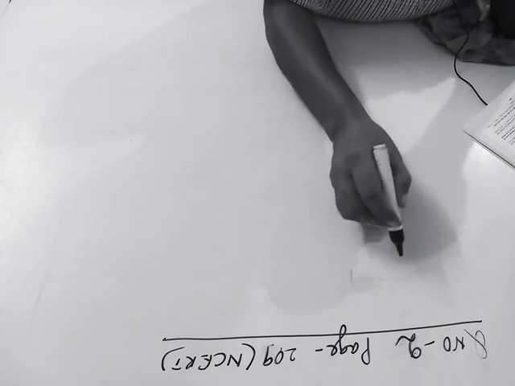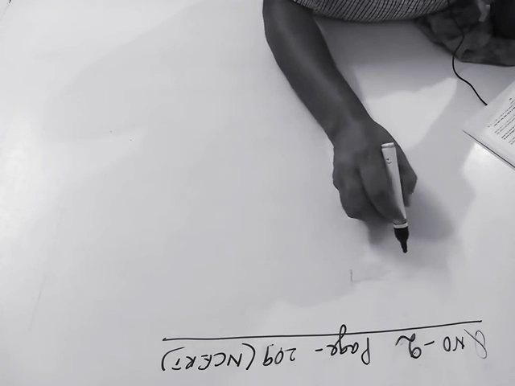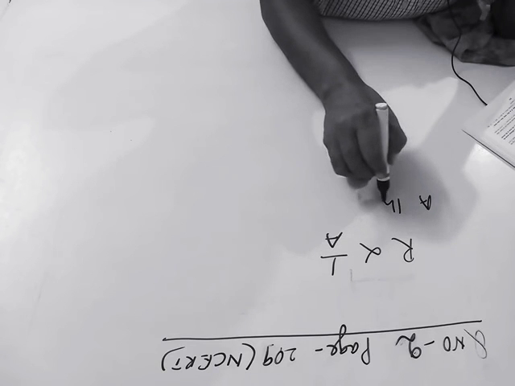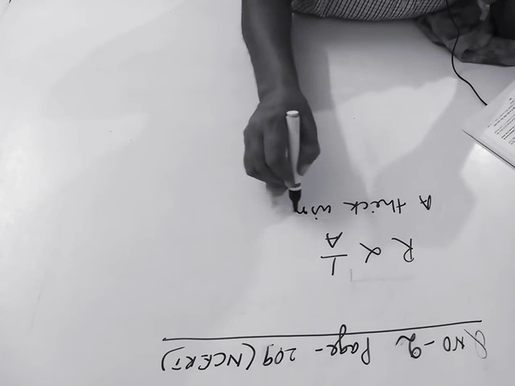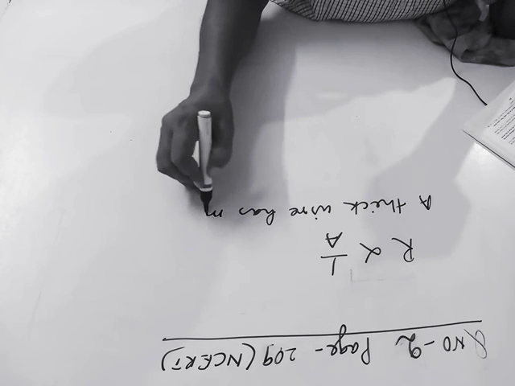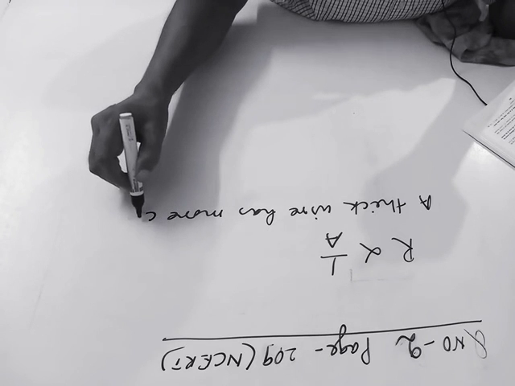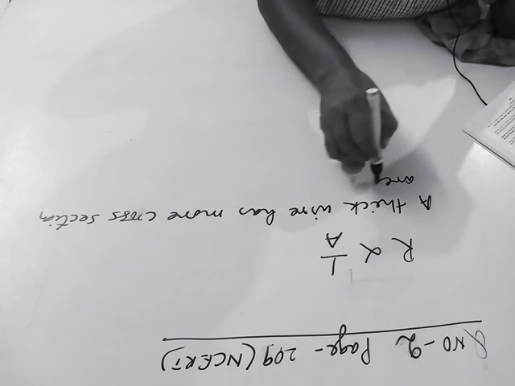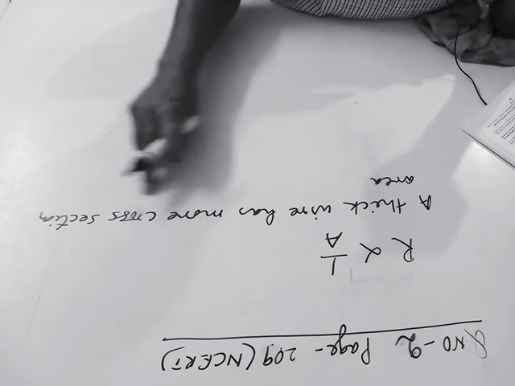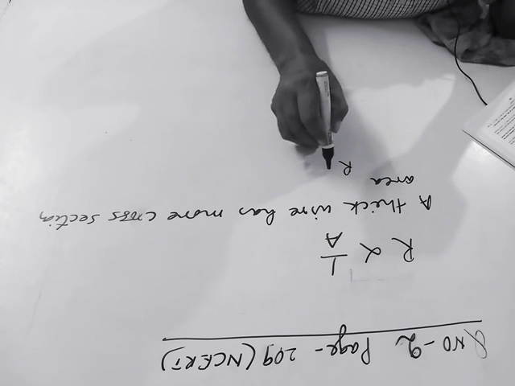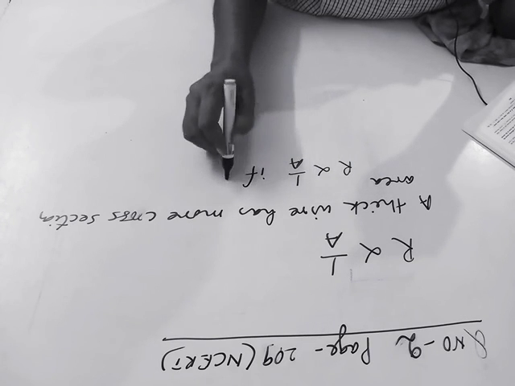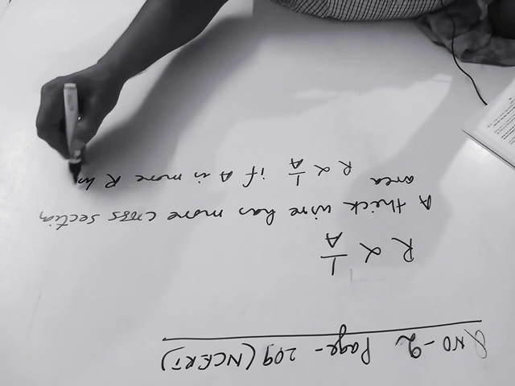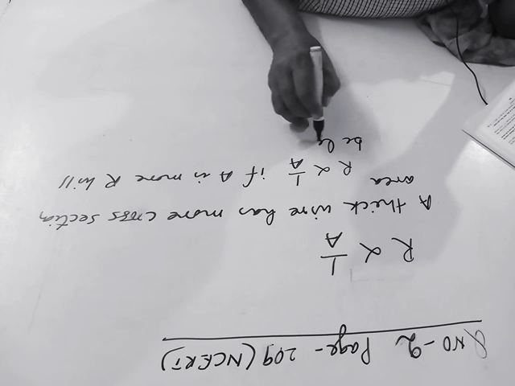Why is it so? The current will flow easily in the thick wire because R is inversely proportional to A. A thick wire has more cross-sectional area, therefore, since R is inversely proportional to A, if A is more, R will be less.